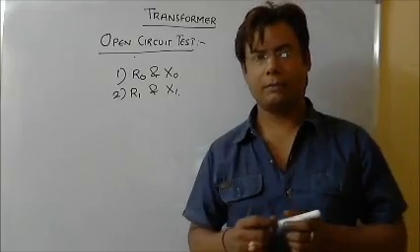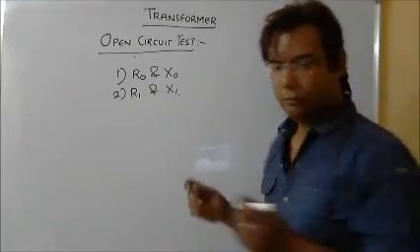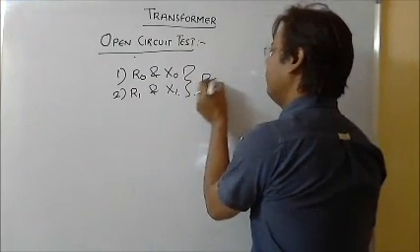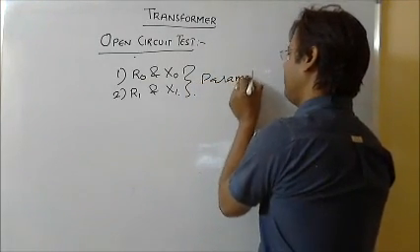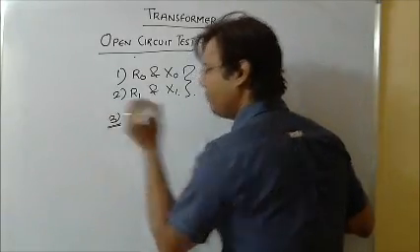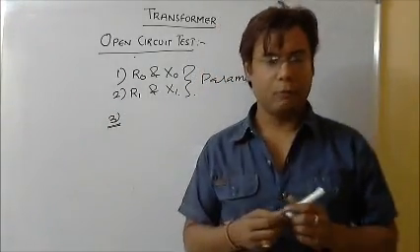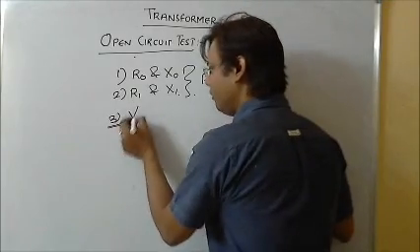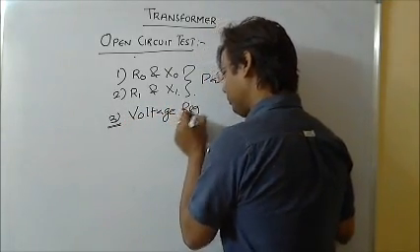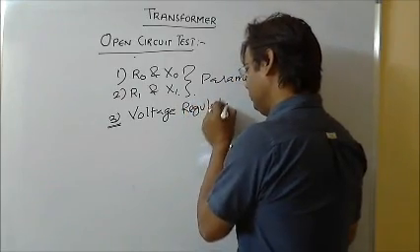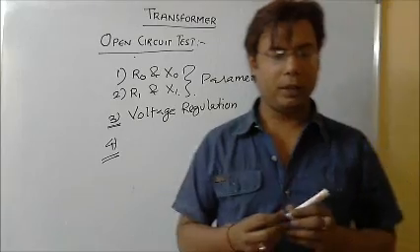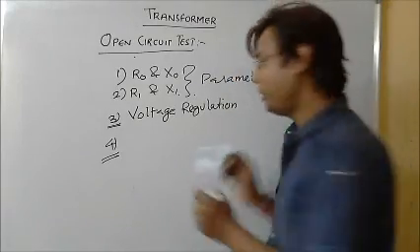Here we are taking the primary side. These are called the parameters. Third is the voltage regulation. And the fourth thing is the efficiency of the transformer.